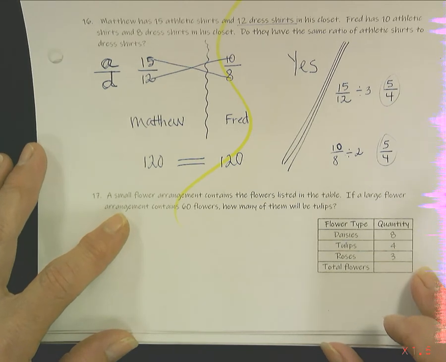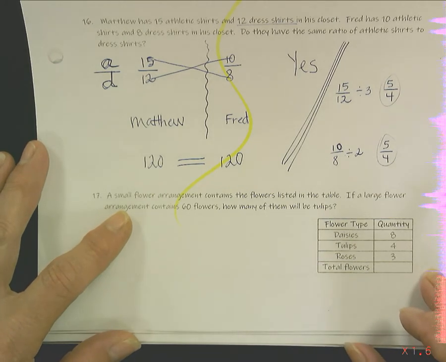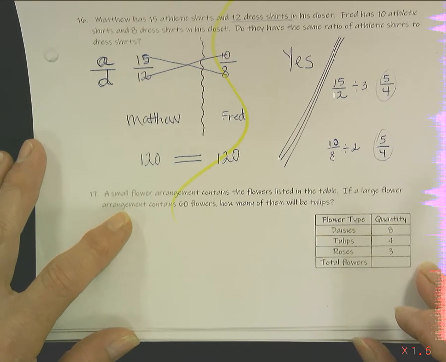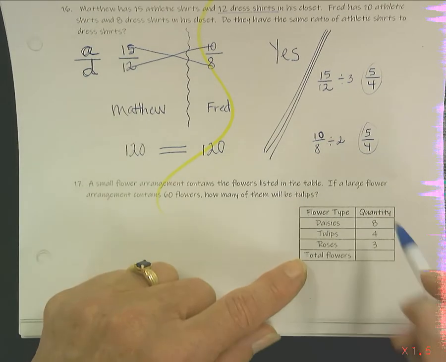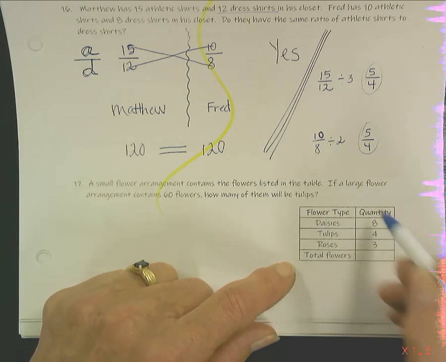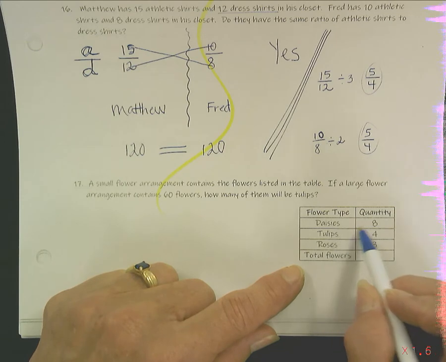So, Graham, tell me what kind of flowers are in this flower arrangement. That's right. So in this flower arrangement right here, we have some daisies. I love daisies. And some tulips.